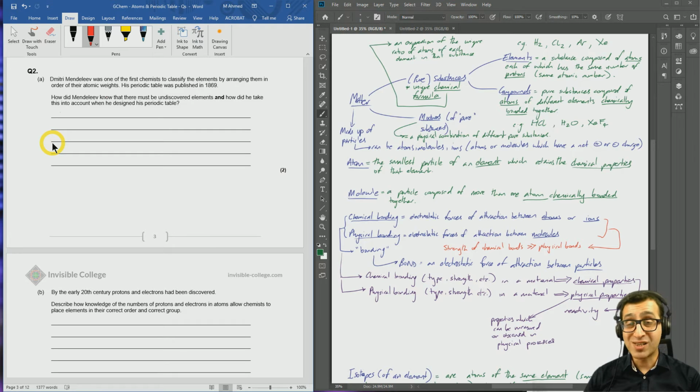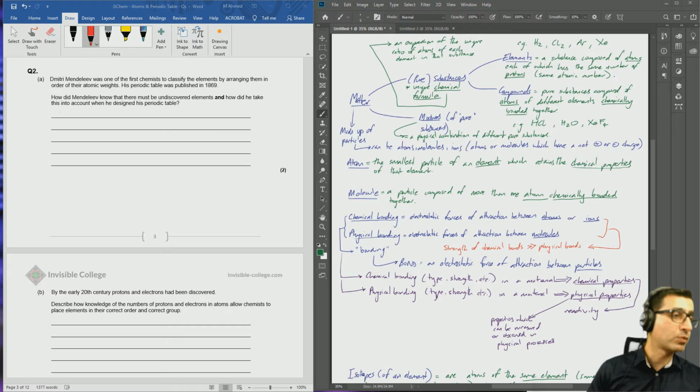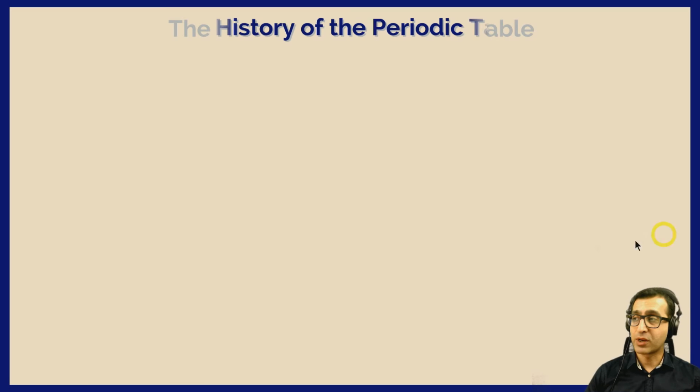They would not have properties that were similar to each other because they would appear in different groups, in different vertical columns. So to explain this, let me just quickly refer to a couple of slides from the PowerPoint, which are to do with the history of the periodic table here.